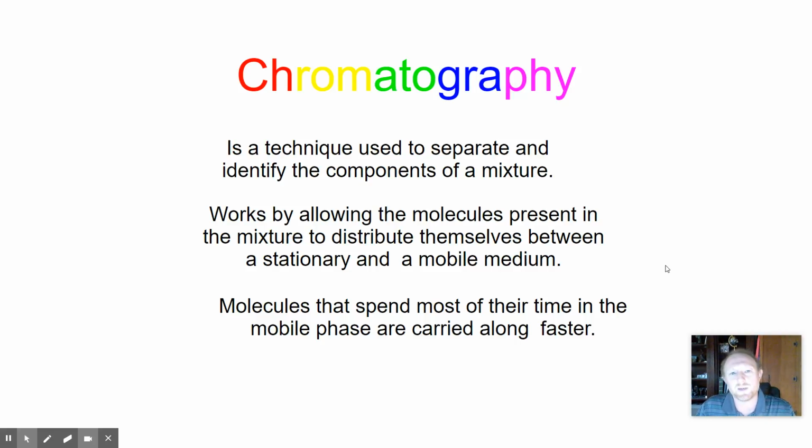So the best way to think of chromatography is a race. The particles are literally racing each other, where faster moving particles will separate themselves from the slower moving particles. This does relate to the mass of particles. Heavier particles move a little slower. The lighter particles, the ones with less mass, travel the fastest.